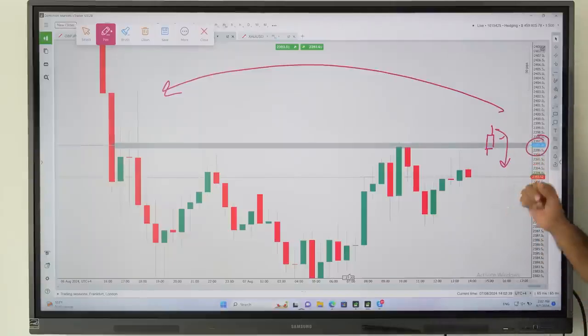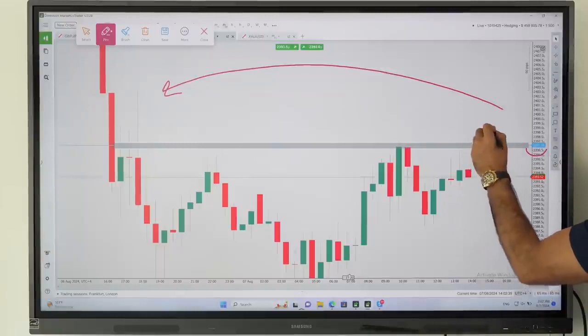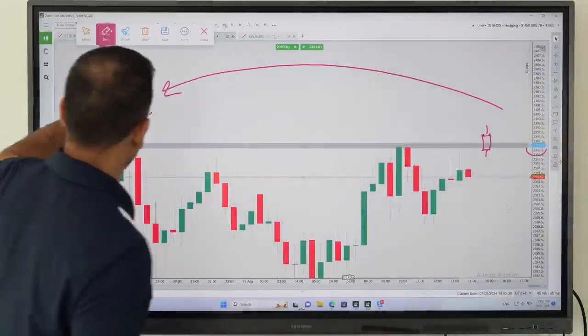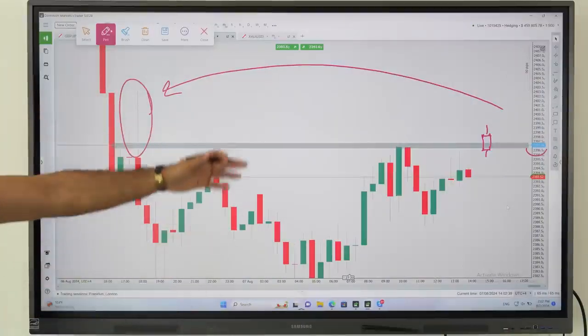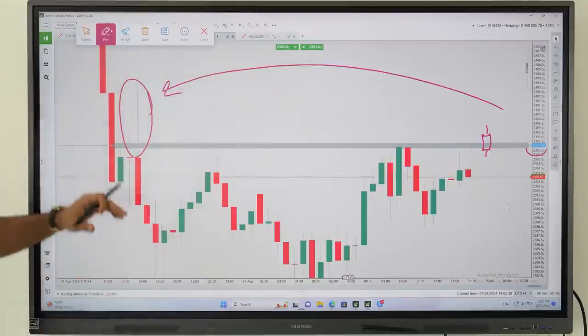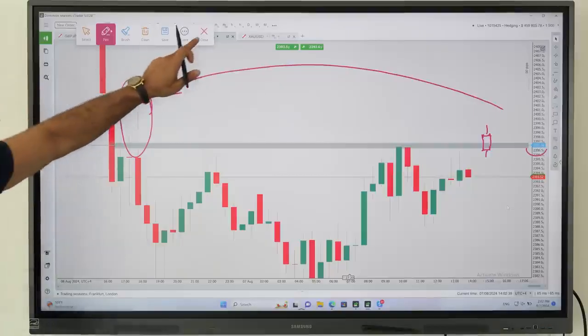So you need this candle to actually close above this area, because once we have a candle closing above this area, guess what happens to these wicks? These wicks then become wick fills, right? So you have to wait for the candle to close above 23.97.